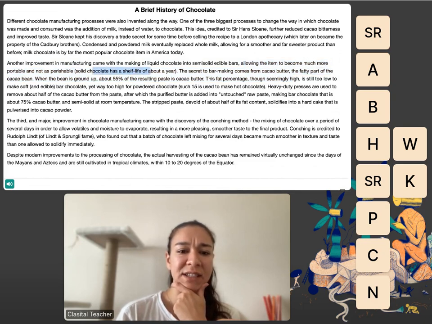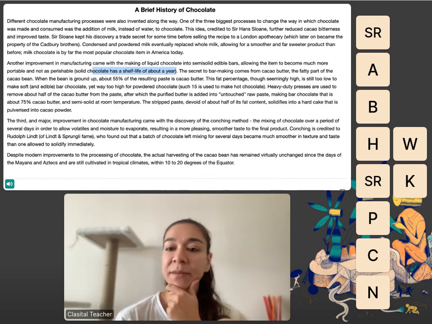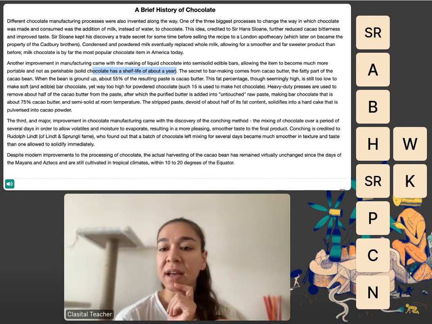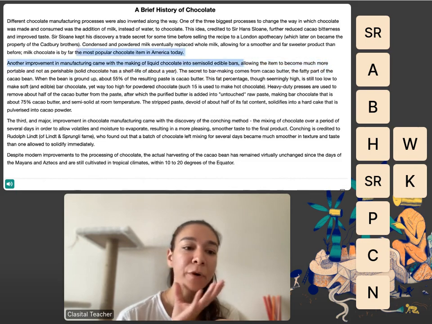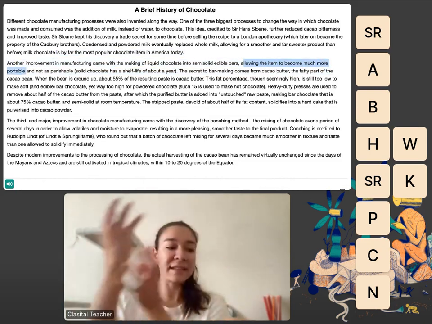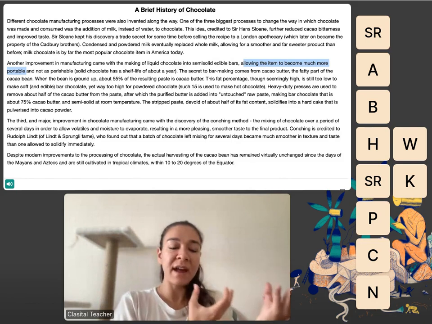Solid chocolate has a shelf life of about a year. Convenient to carry, I see it here: allowing the item to become much more portable. Portable, like taking something to somewhere else.